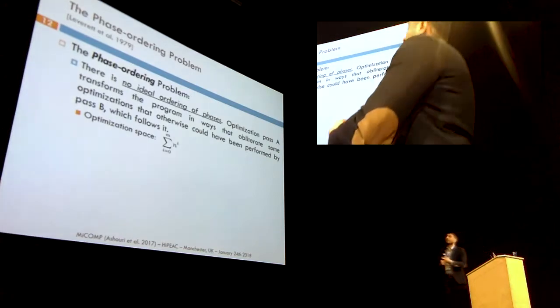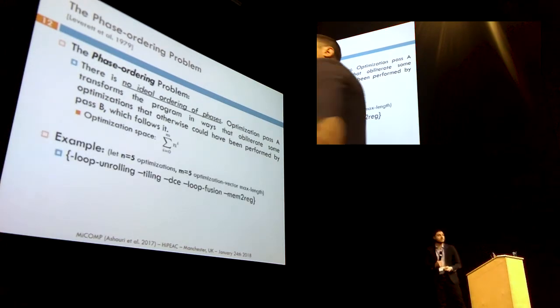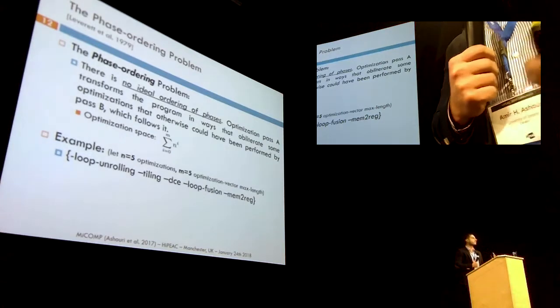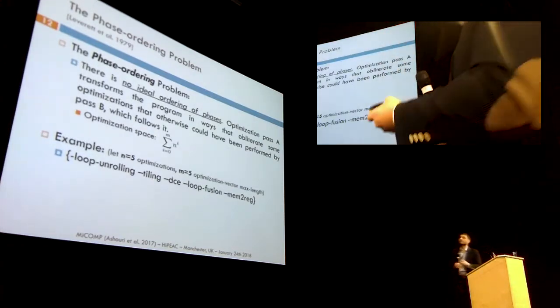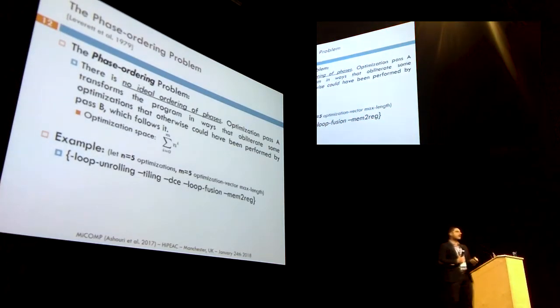The optimization space is much, much larger than a selection problem. As you see, suppose you have 5 optimizations, and you want to limit your optimization vector only to 5. You don't want to have it unbounded. So let's see what's going to happen. Also, consider the fact that in phase ordering, we can have repetition.